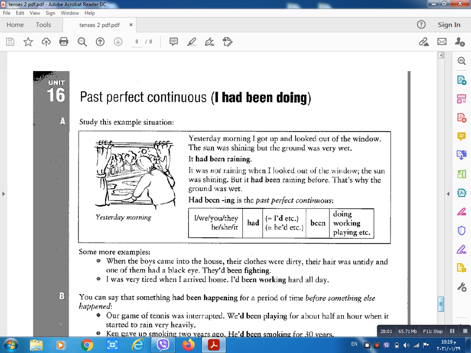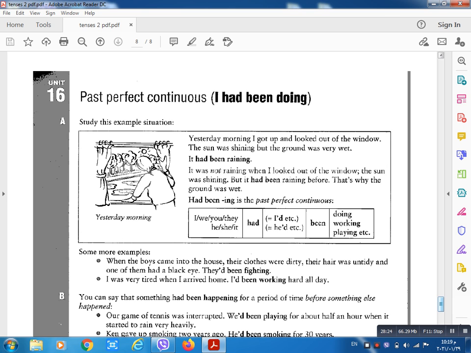The past perfect continuous is the same, but in the past. It means that at a particular time in the past, the connection is with a particular action in the past. There was another action that had just stopped or recently stopped, and I'm using had to show that I am in the past.